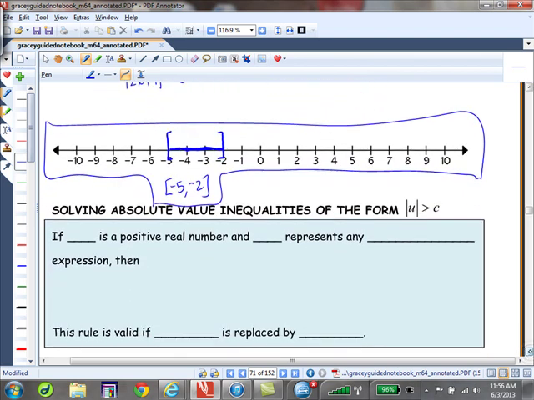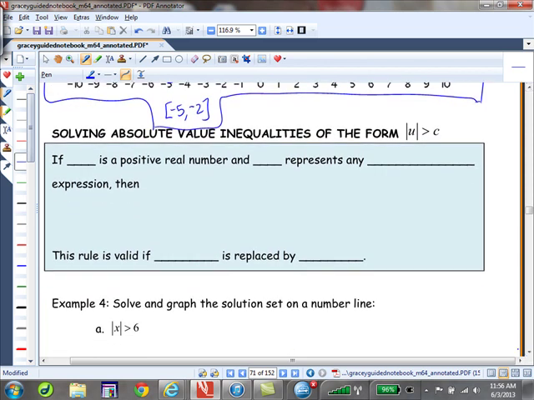Okay, so now we learn about the other end, solving absolute value inequalities in the form of absolute value of u greater than c. So if c is a positive real number and u represents any algebraic expression, then absolute u greater than c is equivalent to u is less than -c or u is greater than c.